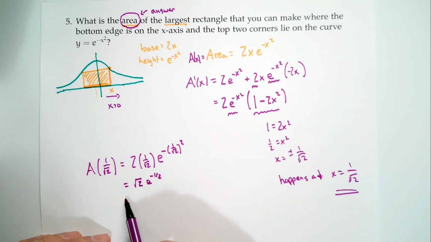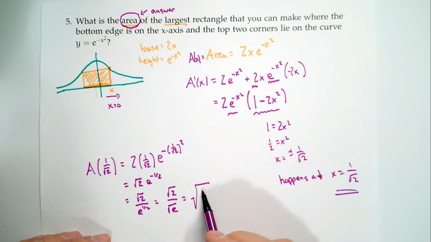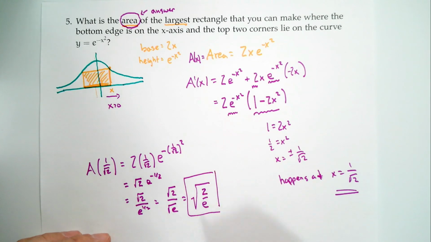This is the same as square root of 2 divided by e to the 1/2, because that negative means put it downstairs. And e to the 1/2 is like square root of e. So this is the square root of 2 over e. And that's our answer. Of course, most of that is just rewriting it in an interesting way. All right, so that's the area of the largest rectangle.